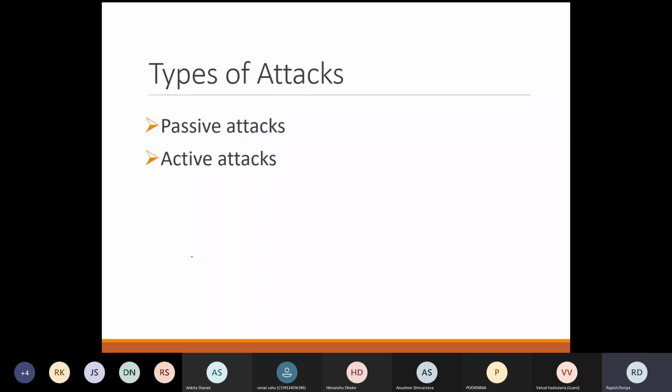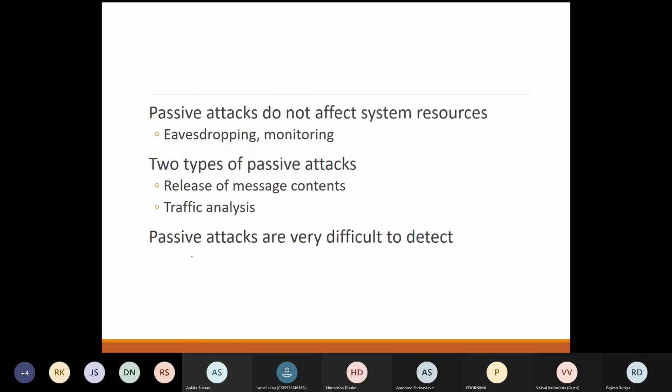Then the attacks can be of two types: passive attacks and active attacks. Passive attacks do not affect the system, so whoever is suffering from this type of attack will never know that something wrong is happening to his or her system. Examples of this type of attack are eavesdropping and monitoring. There can be two types of passive attacks.